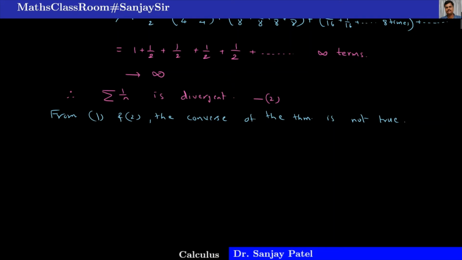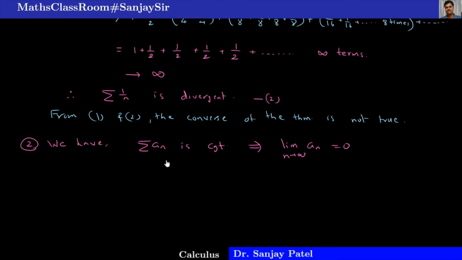So let us write down the second remark, second note. What we have proved here is that sigma an is convergent implies limit of an as n tends to infinity is 0. So we can call this statement P and the other statement Q. So we have P implies Q is true.